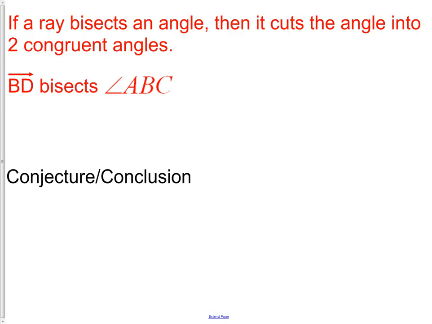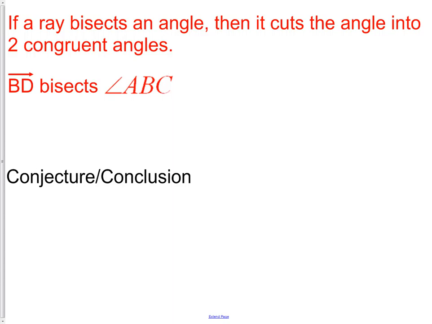Kind of confusing to look at it with symbols, so let's try and do it with an example. If a ray bisects an angle, then it cuts the angle into two congruent angles. We learned that this was true during chapter 1. We have an example here now. Ray BD bisects ABC. Can we draw any conclusions from that?